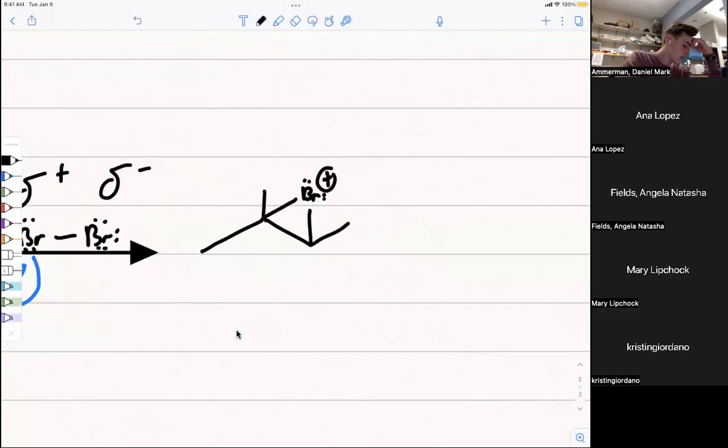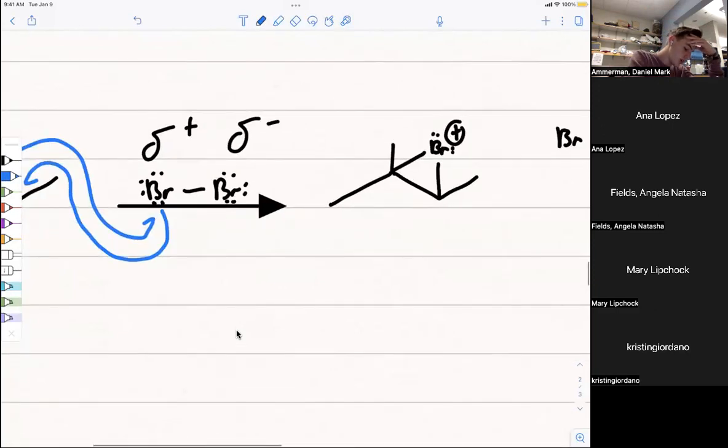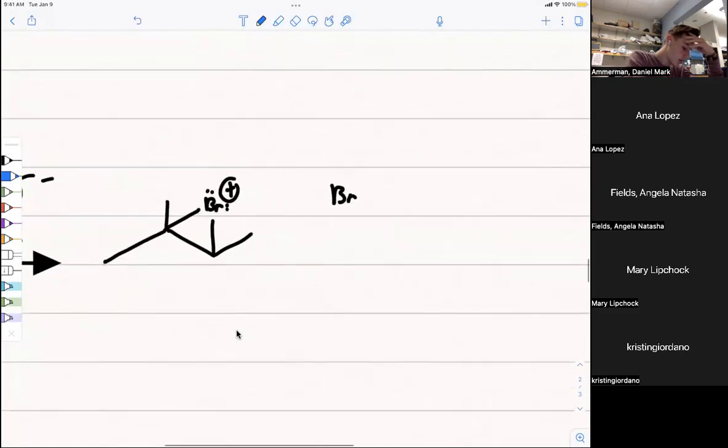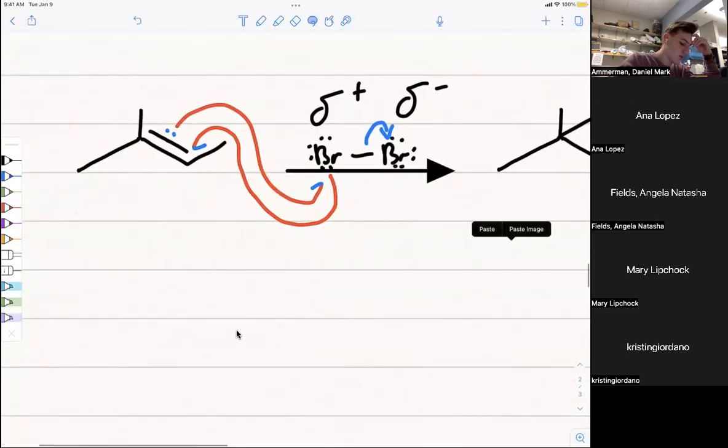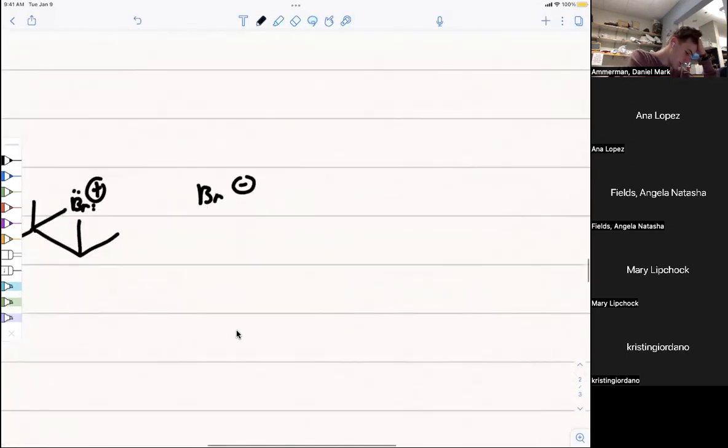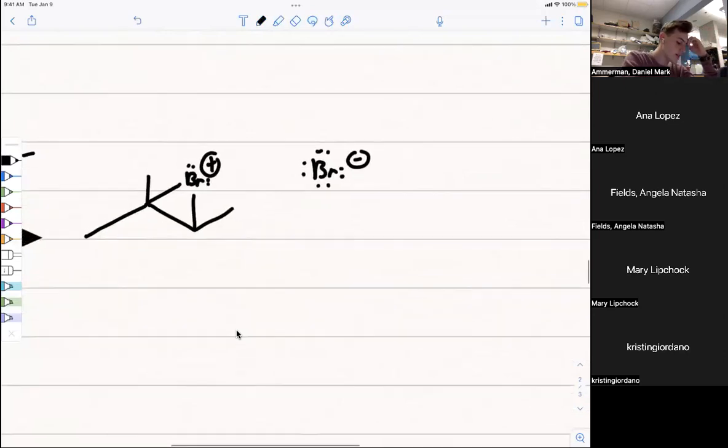So what will happen is our second bromine, which received the electrons in the last step, is now fully negative. The second one is going to come in anti to the other bromine to add on.